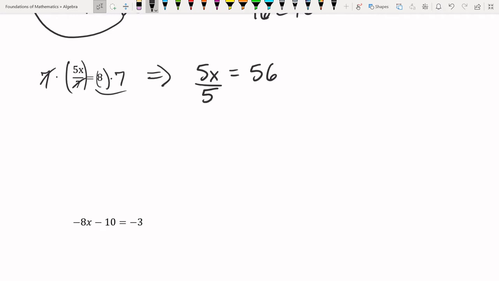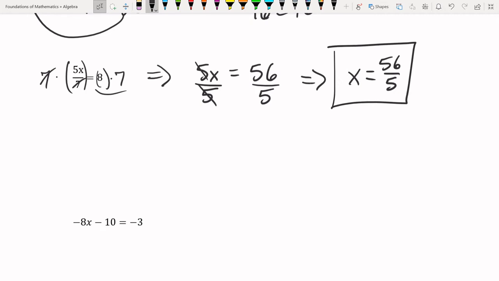And then all we have to do is divide by 5 to get rid of the 5. That gives us x equal to 56 over 5. There's no need to simplify that. That's fine there. We don't need to get mixed numbers or anything like that.